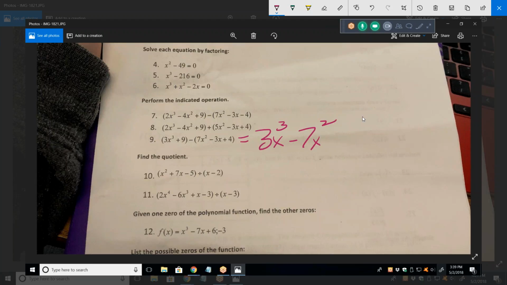I got to have a plus or minus in front of it because it's part of a polynomial. The only reason I don't need a plus or minus in front of that is because it's the very first term. That's it. If it's not the very first term, then you got to have a plus or minus in front of it. Okay. It'd be plus 3x. And then plus 5. Good.